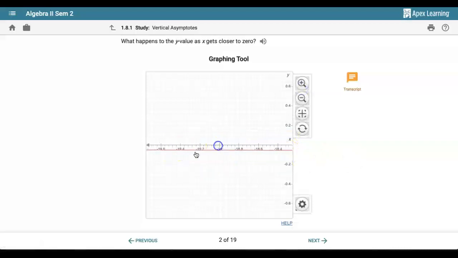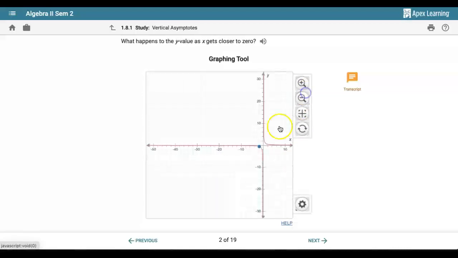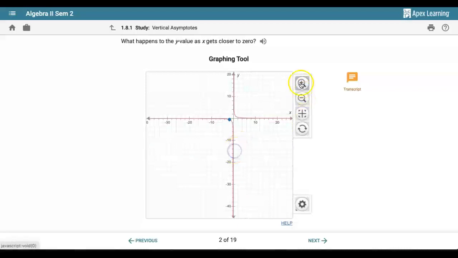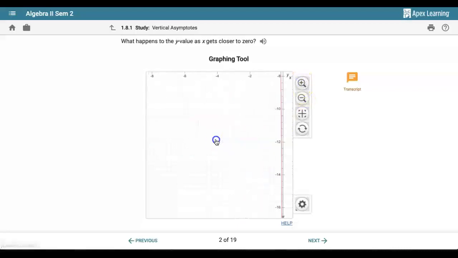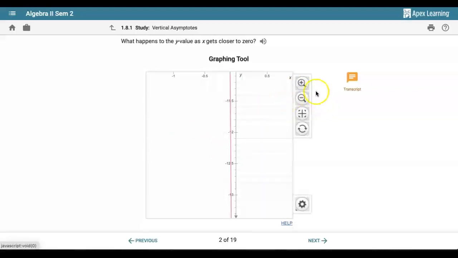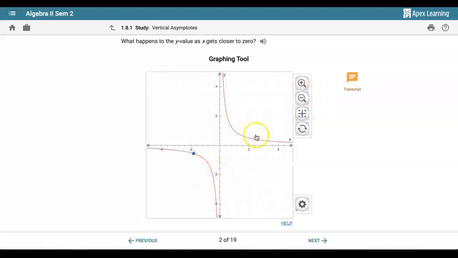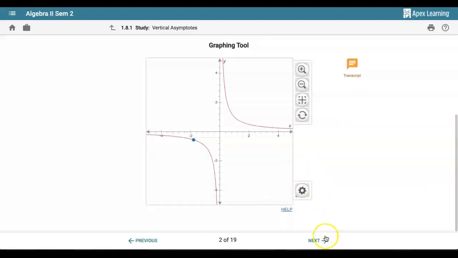It's just getting really, really close to it, but not actually crossing. Same thing down here. So this is why changing your windows on your calculator, zooming in, zooming out, could be really, really helpful to you.